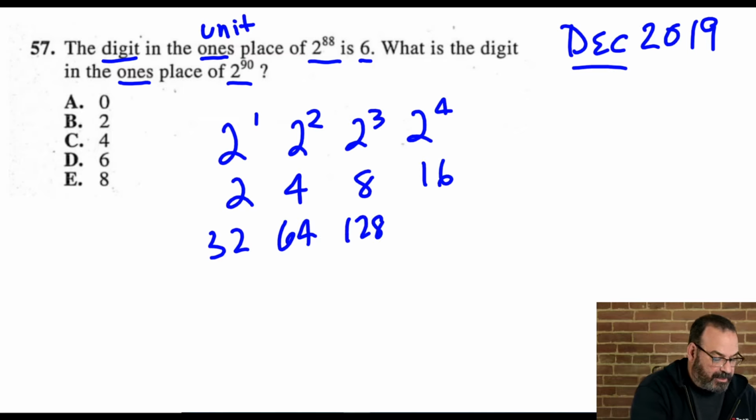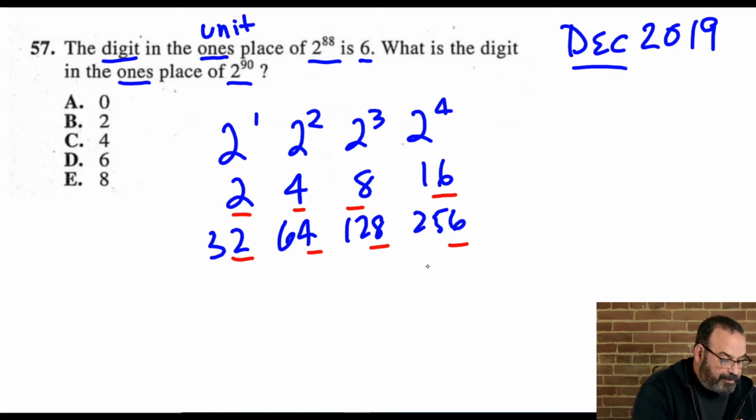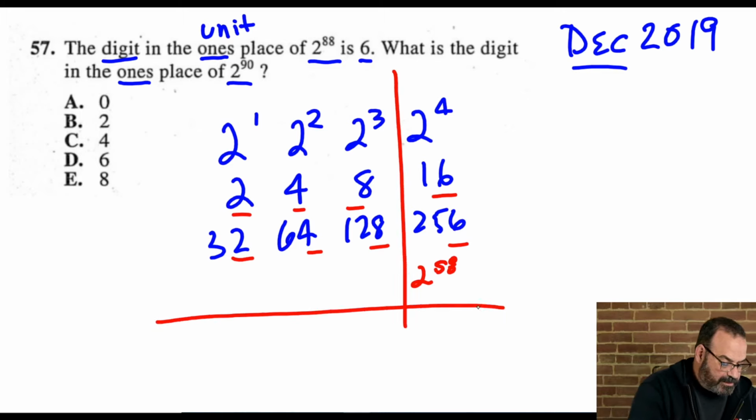And 2 to the 8th is 256. The pattern here, Gavin, is 2, 4, 8, 6. 2, 4, 8, 6. So if 2 to the 88 is in the 4th column, that means 2 to the 89 ends in 2, and 2 to the 90 ends in 4.